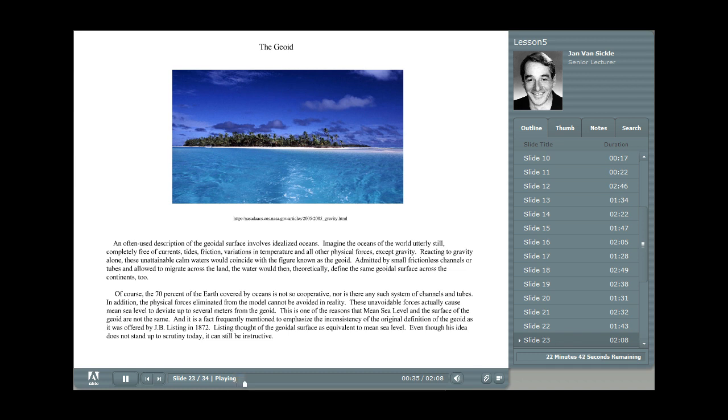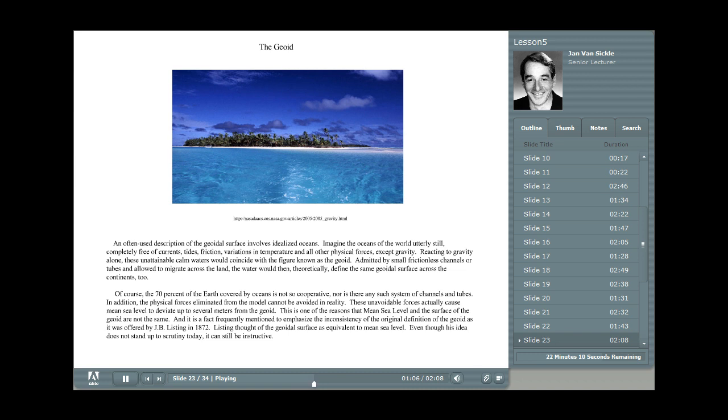One of the major reasons that mean sea level cannot be the same as the geoid is that the actual oceans of the Earth are affected by temperature, by wave motion, by salinity, and many other aspects that cause variation in their heights.